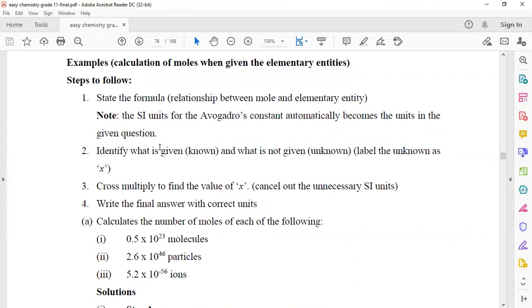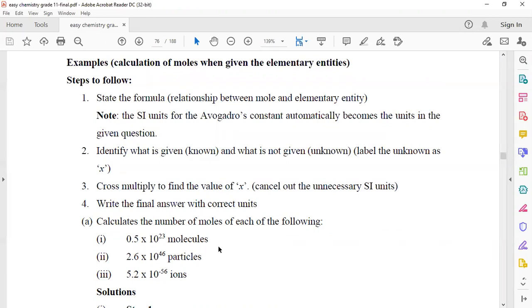Now, we are looking at the examples given. Calculate the number of moles of each of the following: 0.5 times 10 to the power 23 molecules.